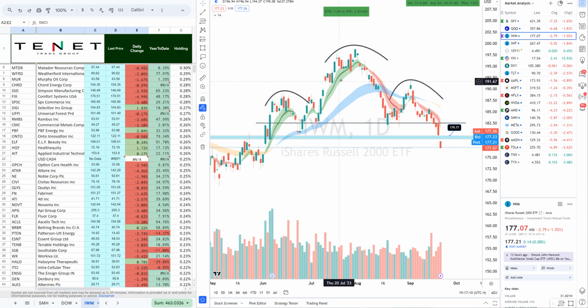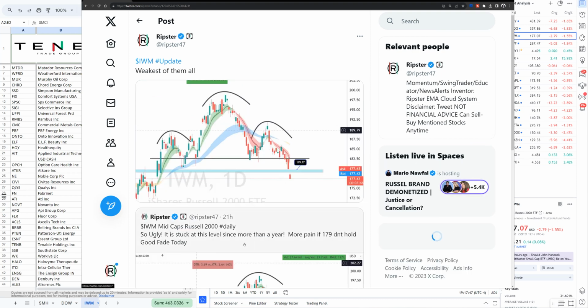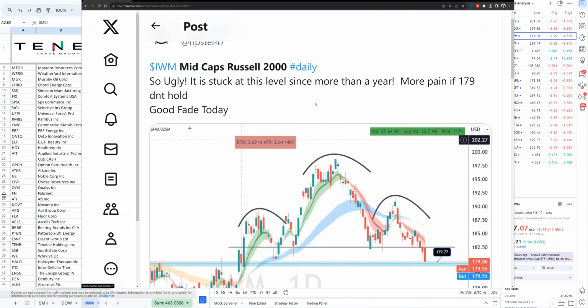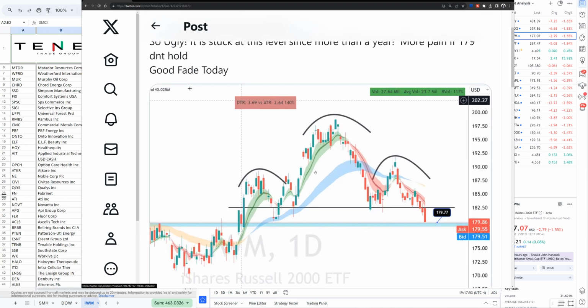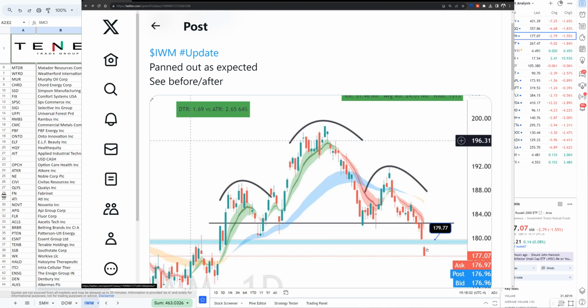So you see we had this head and shoulders which I posted yesterday on my feed. Yesterday we talked about these mid caps, this head and shoulders which gave up, and today I was expecting it to fade under this 179 level, and that's what happened. It started to break down right in the morning and flushed further.